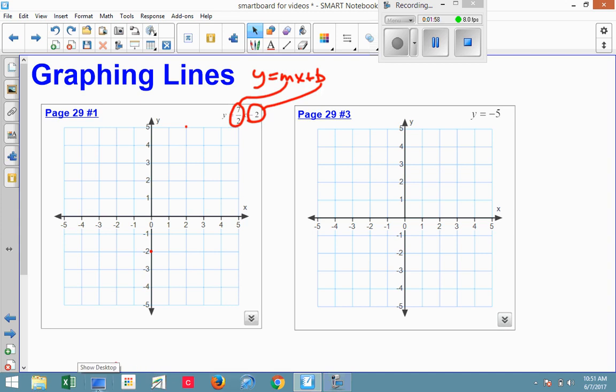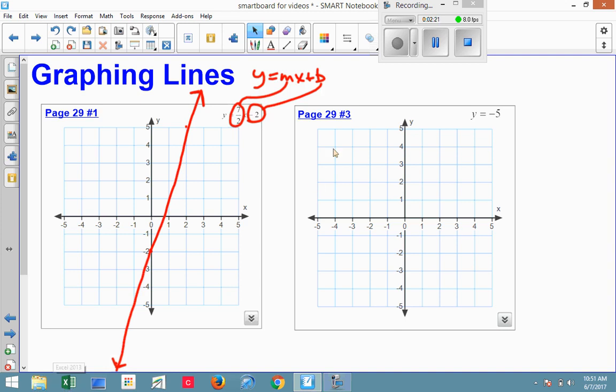And again, I eyeballed a little bit, but then I would take those 3 points and connect them, trying to make them as straight as possible. You could use a straight edge, and probably should. But there is our graph of y equals 7/2 x minus 2.